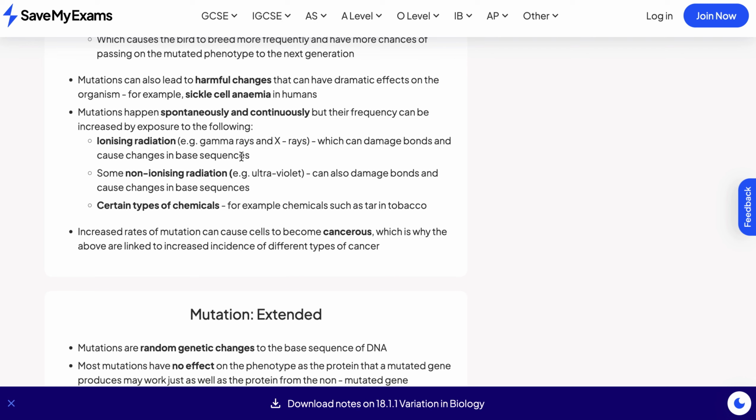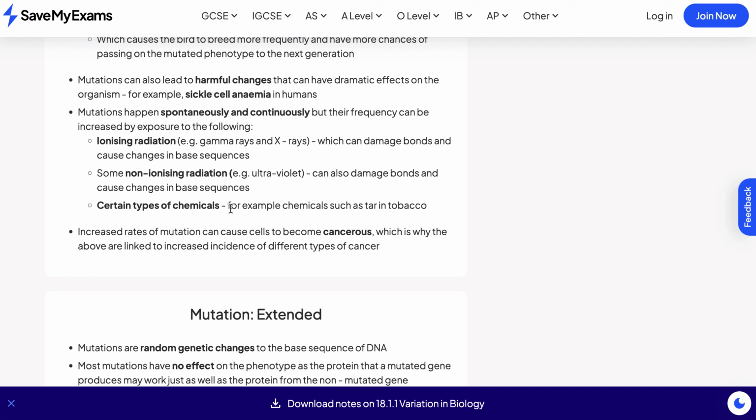Ionizing radiation, like gamma ray and X-ray, can cause damage to bonds and cause changes in the base sequence of organisms. Apart from ionizing radiation, we have non-ionizing radiation like UV light, ultraviolet light, which can also damage the bonds and cause some chemical changes.